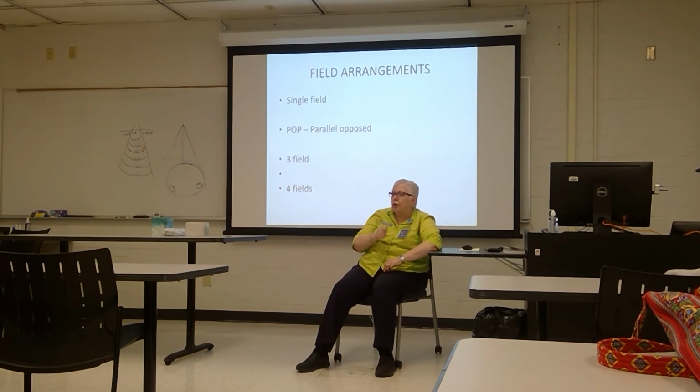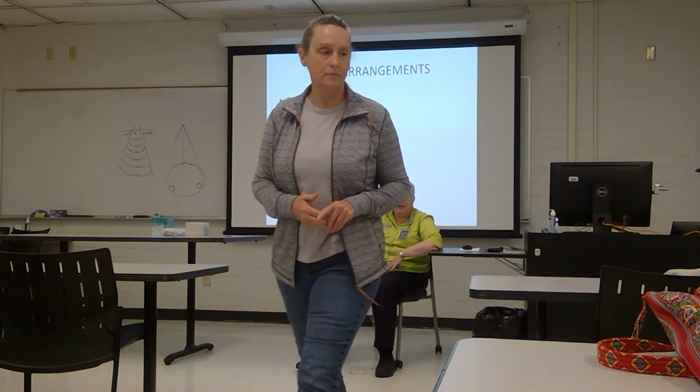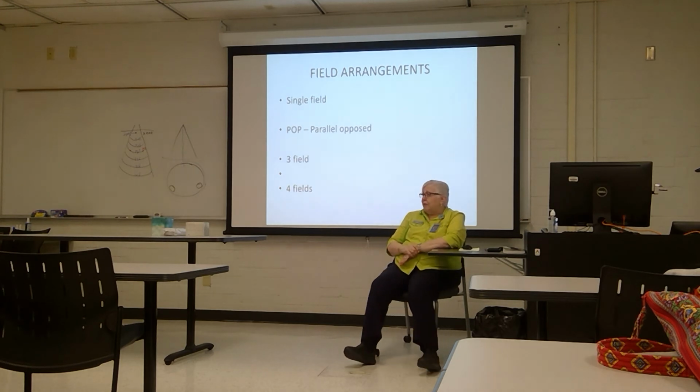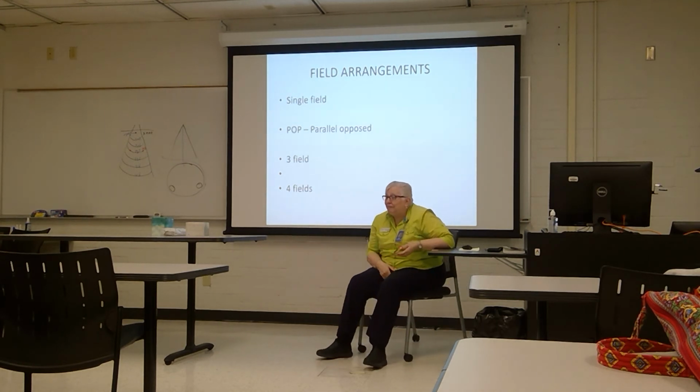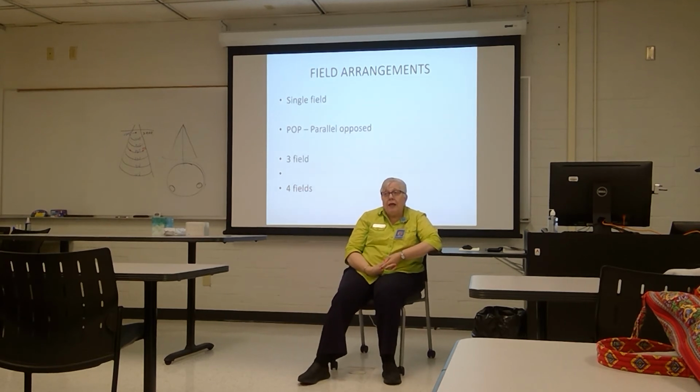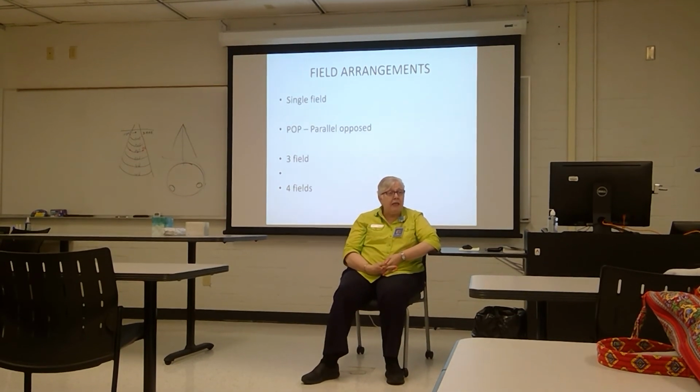It's not good practice to have a palliative patient having treatment for 5 weeks if they only have 4 months to live. Does that make sense? Okay. So, having said that, 3 fields would be an AP and 2 obliques.